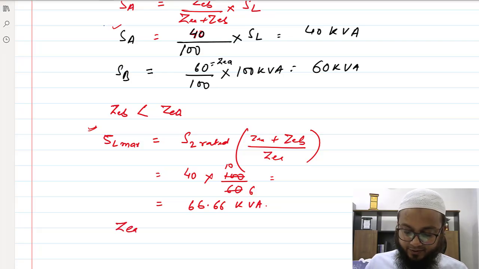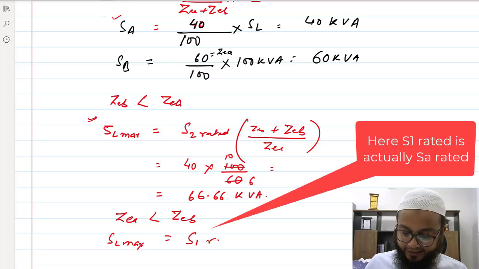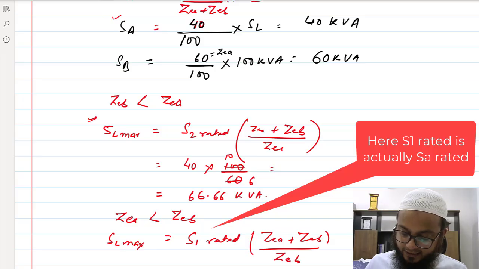And let's say if ZEA is smaller than ZEB, then SL max would have been S1 rated into ZEA plus ZEB upon ZEB.